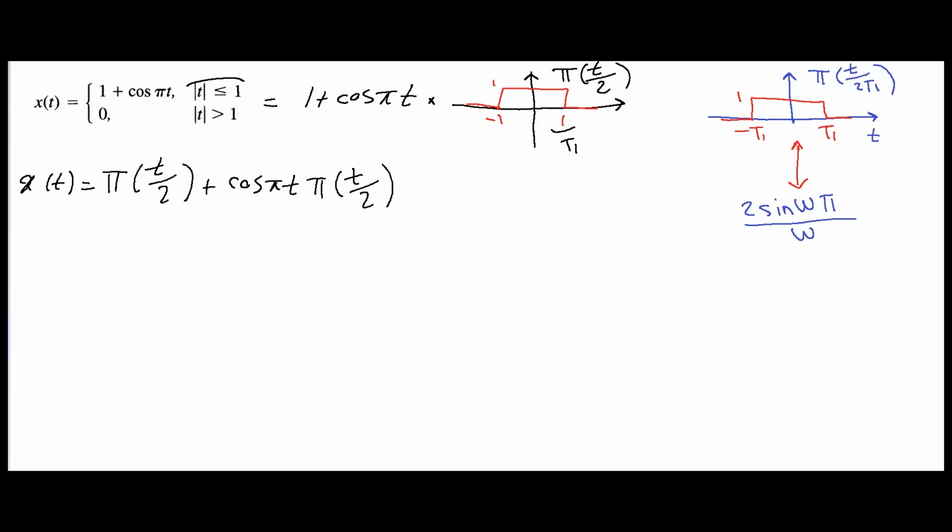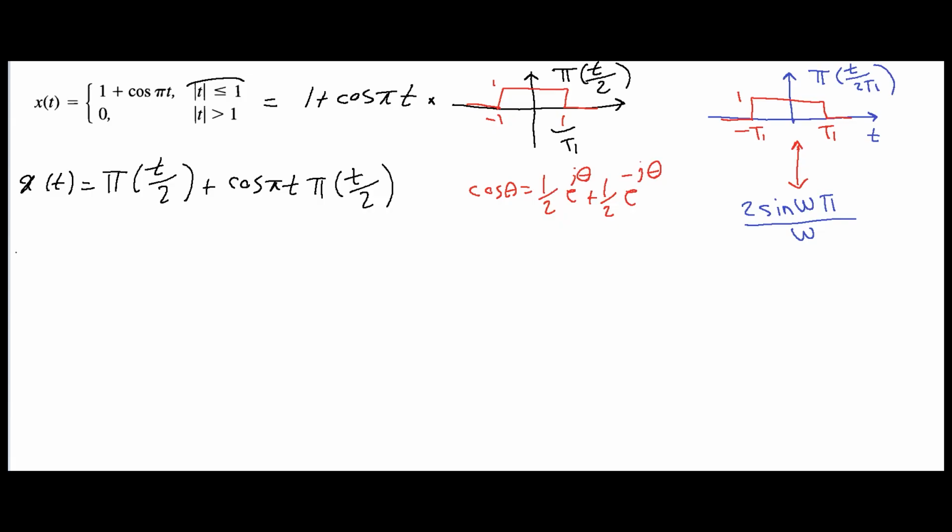Now let's use Euler's formula. Recall that cosine theta equals 1/2 e to the power of j theta plus 1/2 e to the power of minus j theta.